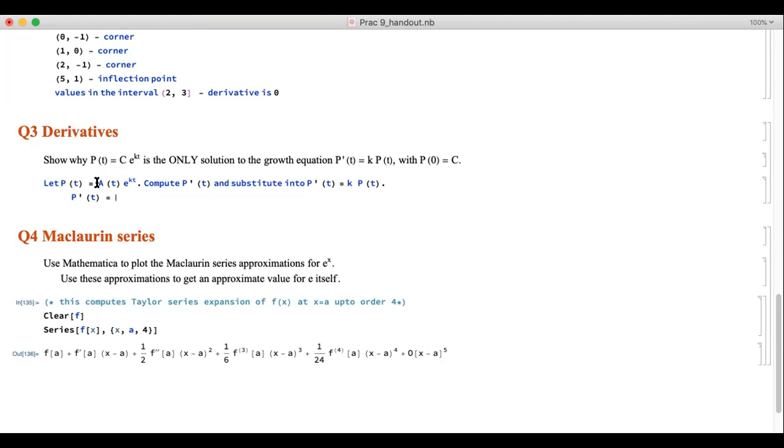Okay, what's the calculus rule that you need to use for that derivative? Kai, you are right. Take the derivative and equate it to kP(t).